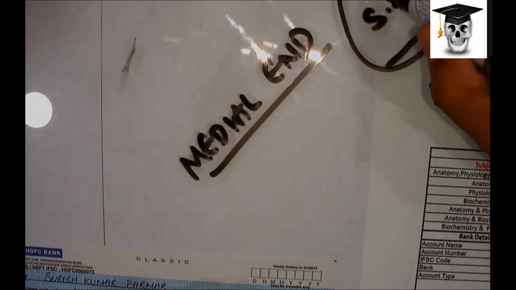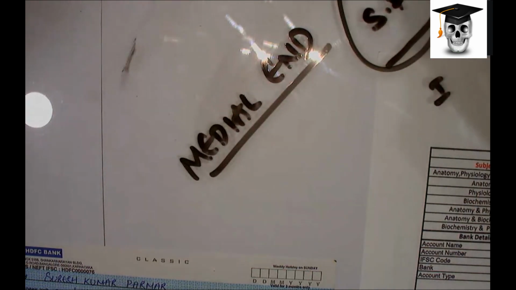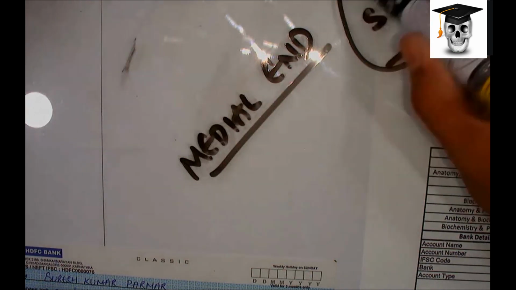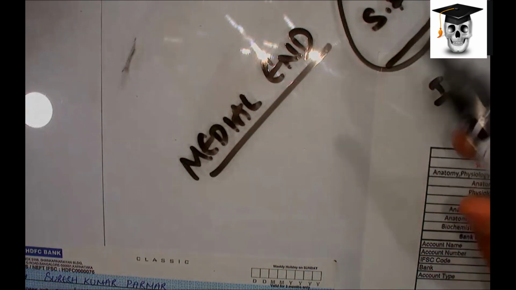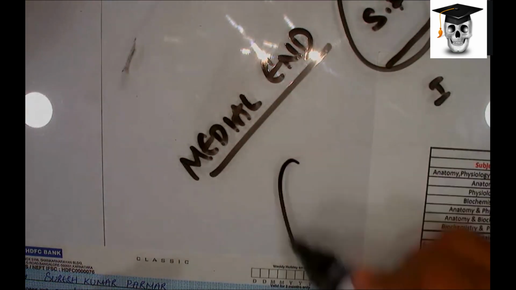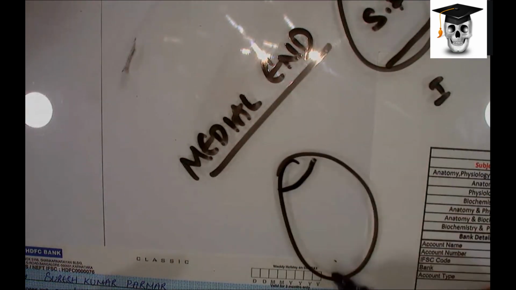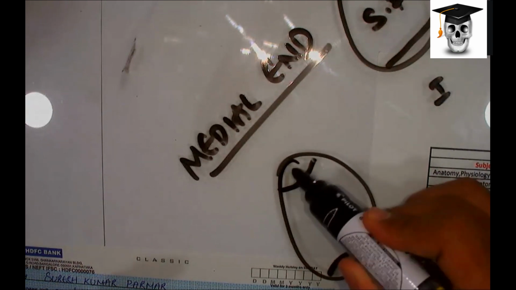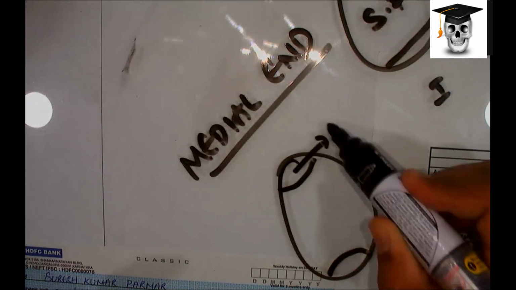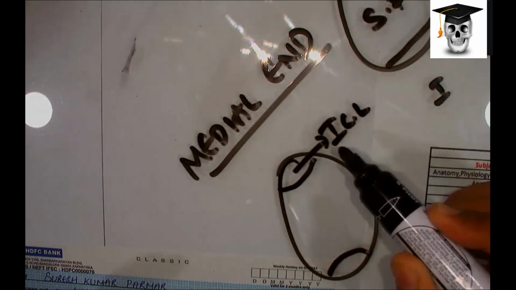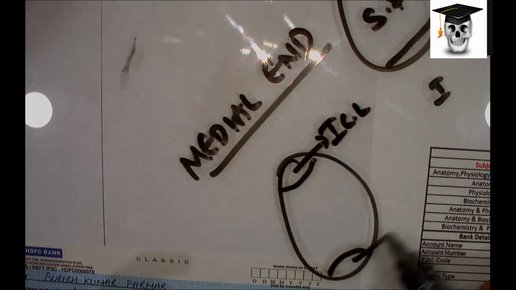This upper part is attaching to two things: one is the ligament and the other is the articular disc. The ligament is your interclavicular ligament. So this is your superior, this is the inferior. Inferiorly, it is giving attachment to the cartilage of the first rib.